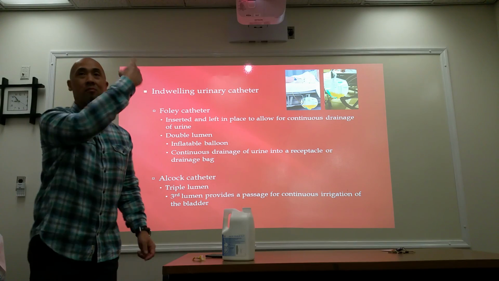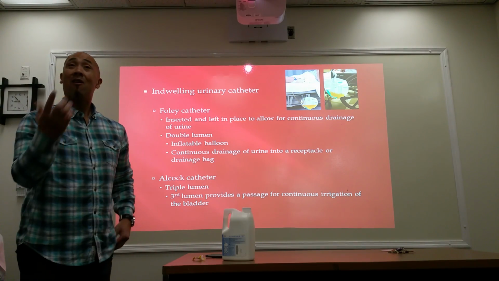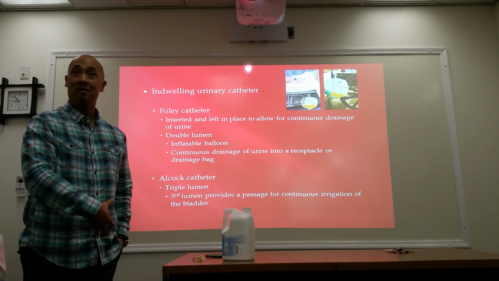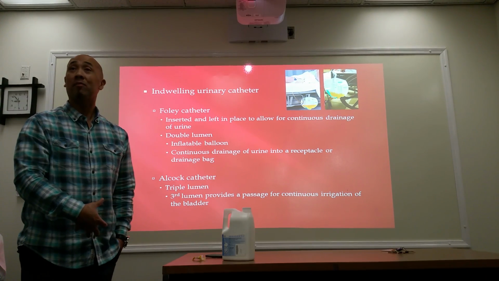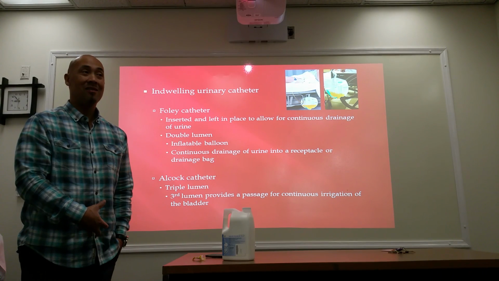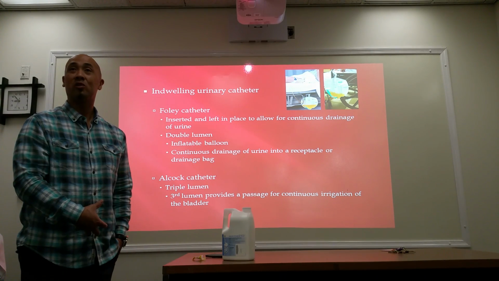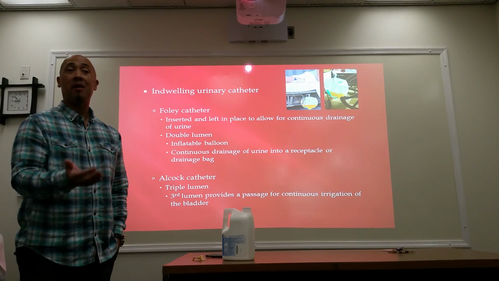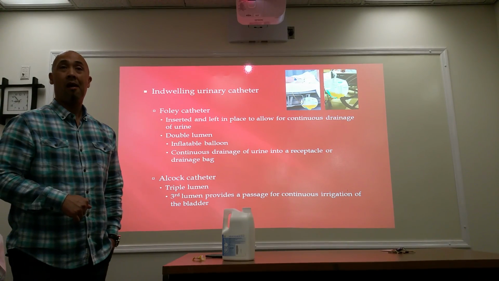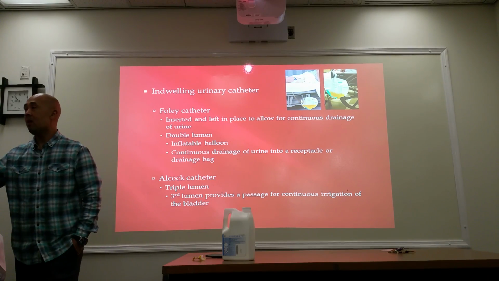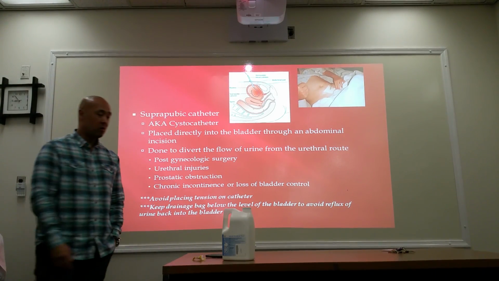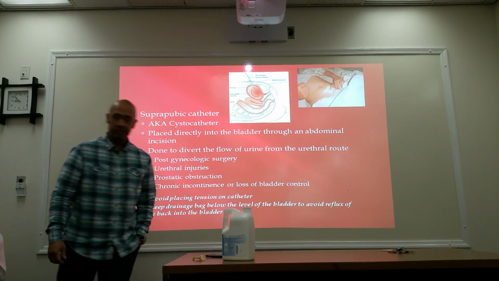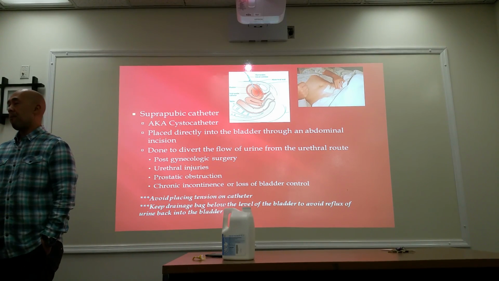It's going to go back into the bladder. Now you're going to cause unwanted pressure from overfilling the bladder again, so you can cause the bladder to rip and tear, and you can also cause an infection. So the collection bag must be lower than the bladder. Any questions?